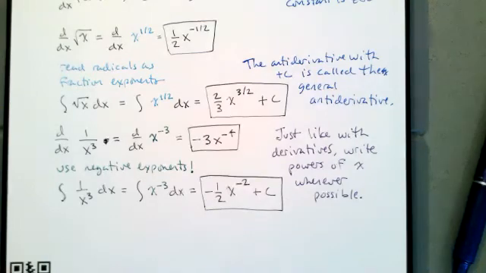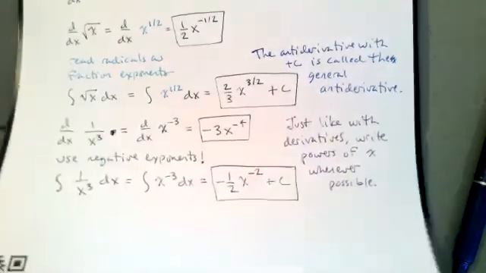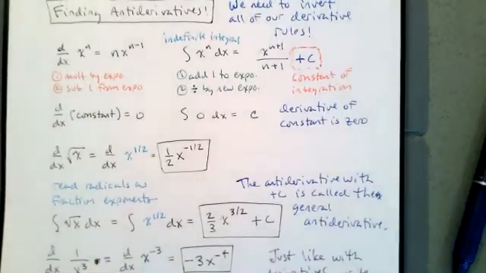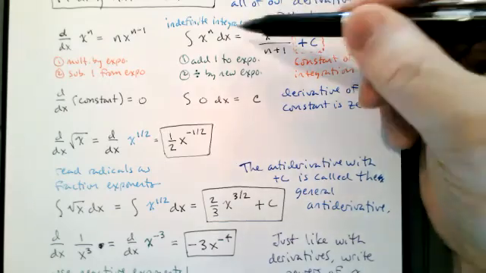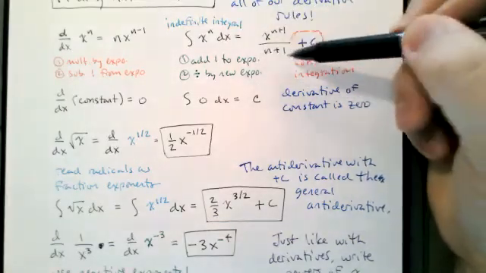Any other questions? If we think about this process, we add 1 to the exponent, then divide by the new exponent. At some point, this is not going to work. So I can't always do x to the n plus 1 over n plus 1. When would I not be able to do this? What's wrong with this statement?